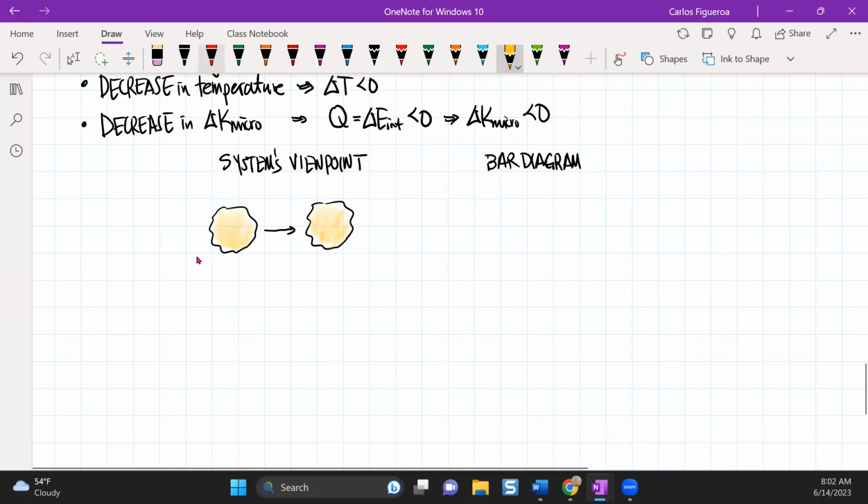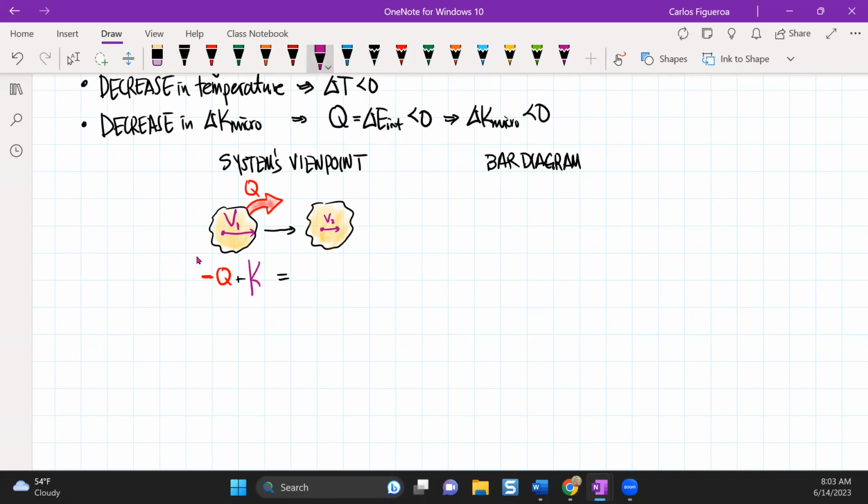And what's happening here is that this gas initially has a high average speed and then a low speed afterwards. And the reason why it decreases is that there's a transfer of energy out of the system.